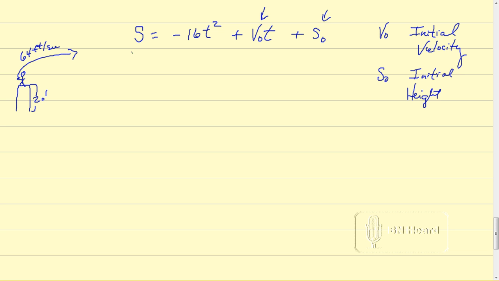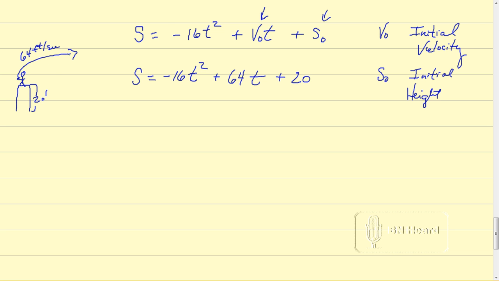So let's take a look here. I would have s is equal to negative 16 t squared plus 64t plus 20.